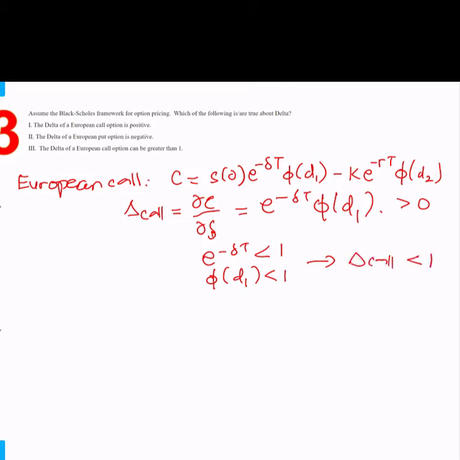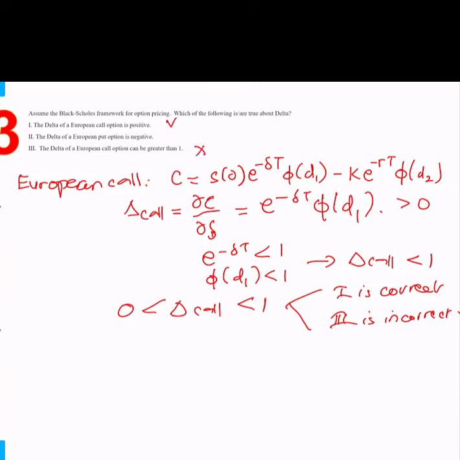So the delta of the call is less than 1 but greater than 0. That means 1 is correct, but 3 is incorrect. So 1 is true and 3 is false.